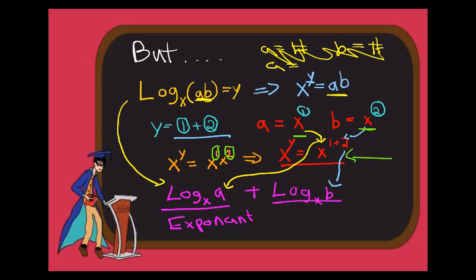Just like this logarithm is also going to spit out an exponent value. Which means that if we are multiplying within a logarithm, we are going to separate them by addition.